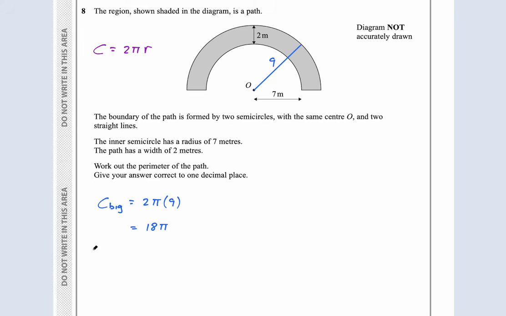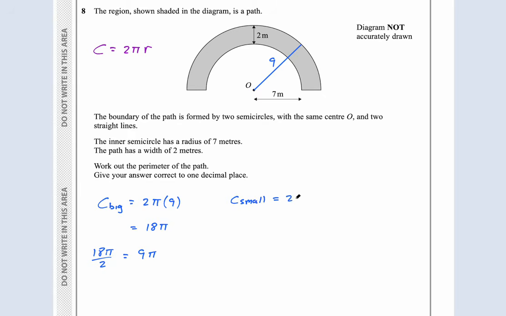And then I'm going to divide by 2. 18 pi divided by 2 equals 9 pi. I'm dividing by 2 because this would be the circumference of the full circle, like this. That's the circumference of the full circle, but I obviously only want half the circle, so I divide by 2.